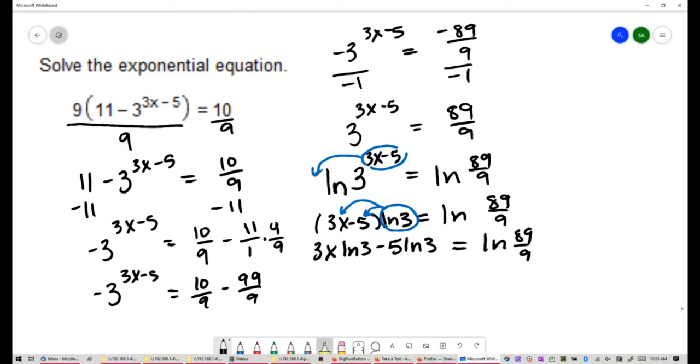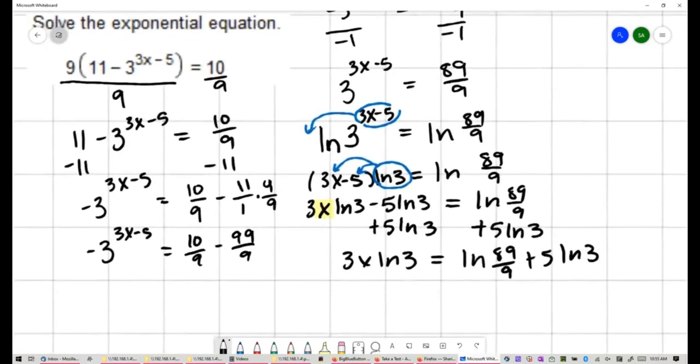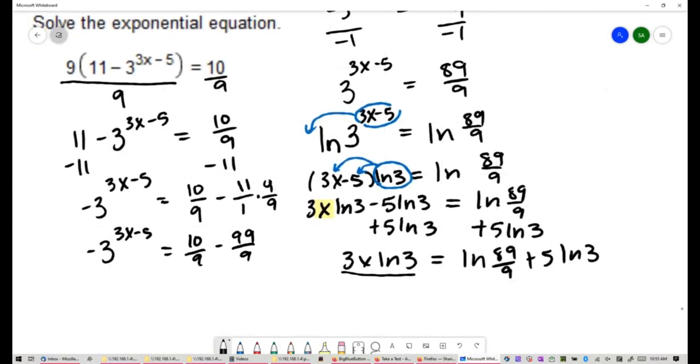And now I can work on isolating x. I'll add 5 natural log of 3 to both sides. And that gives 3x natural log of 3 equals natural log of 89 over 9 plus 5 natural log of 3. And to isolate x, I'll divide by 3 natural log of 3 on both sides.